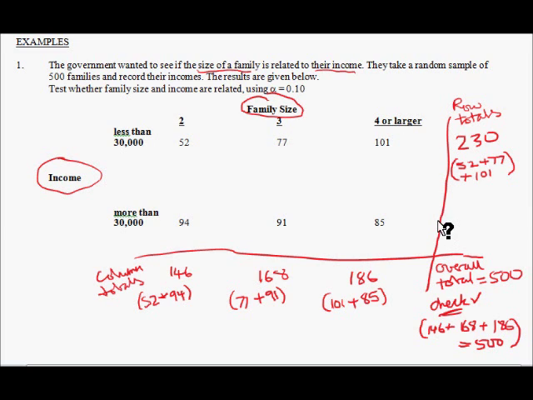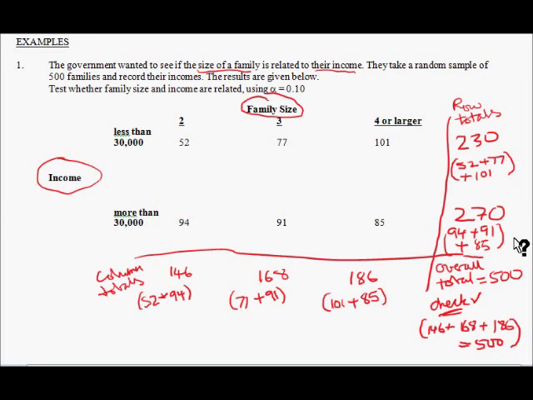And down here, I'm going to take my 94 plus my 91 plus 85. That gives me a total of 270. So I have 270 families that make more than $30,000.